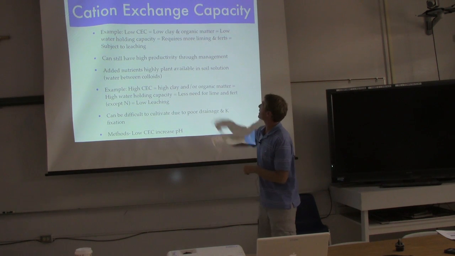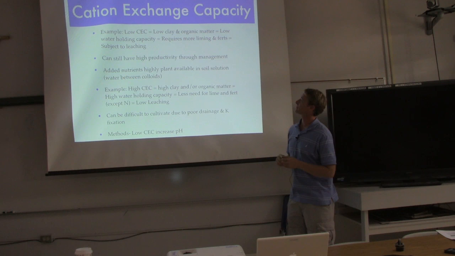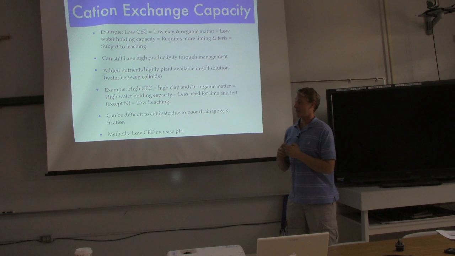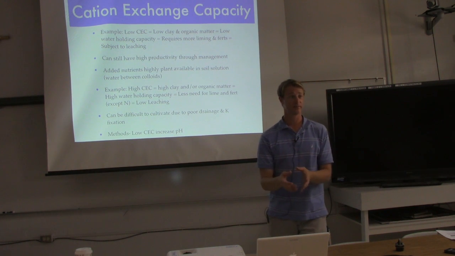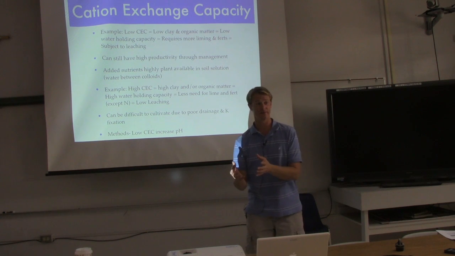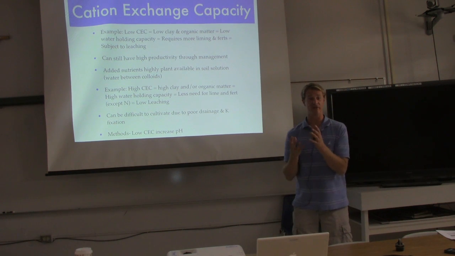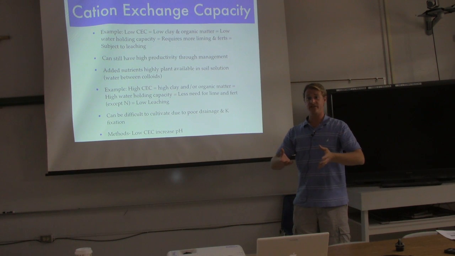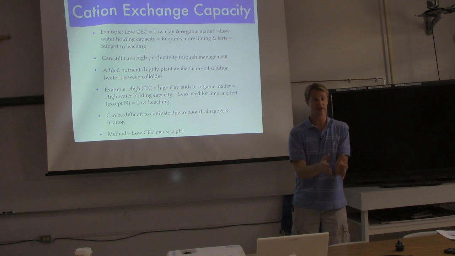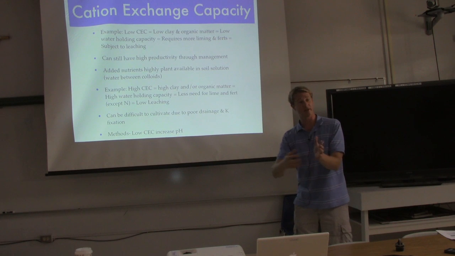It requires more liming and fertilizers. Well, it has a low CEC, and plants can't take up nutrients that are not bonded with a colloid. So if you have low colloids, you have a limited number of colloids. As you put in, say, nitrogen fertilizer, that bonds with the colloid, and then it can be taken up by the plant.